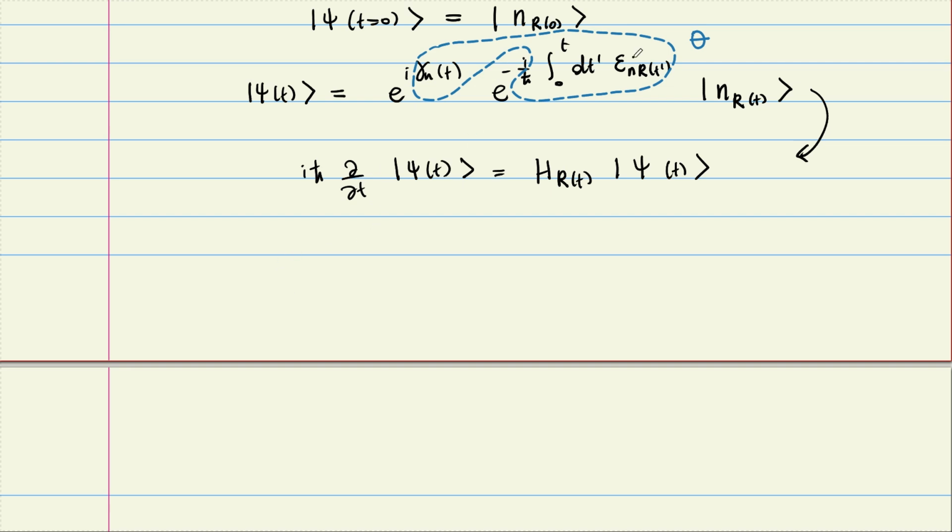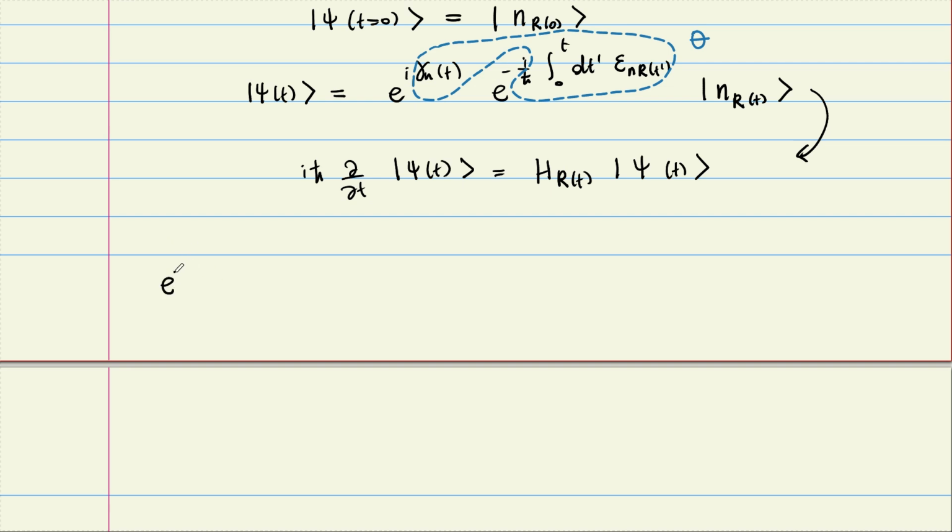If the derivative acts on this or on that, and this one is going to have two components, in total the derivative is going to give three terms here, and I'll open this up.